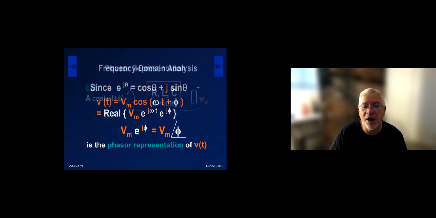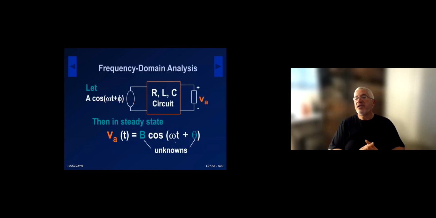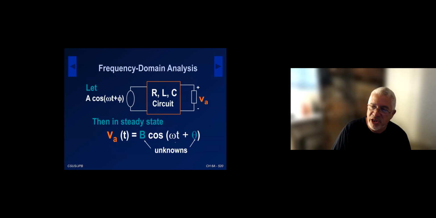Here is the Phasor method in a nutshell, and then we'll try to give more support for why this is the case. The typical circuits we're going to have are circuits with resistors, inductors, capacitors, and dependent sources as well. And we have sources, and you can see that I'm not showing either current or voltage.